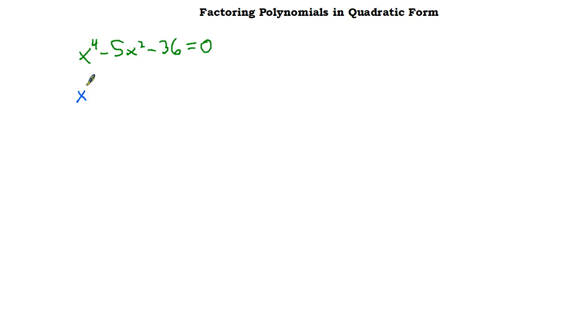We're going to rewrite the x to the fourth as x squared, and we're going to sneak in parentheses in a square. And then minus 5 times parentheses, and inside the parentheses, it's x squared. And then minus 36 equals 0.